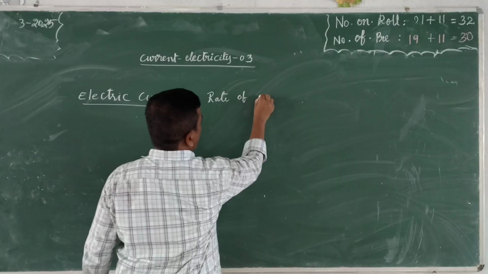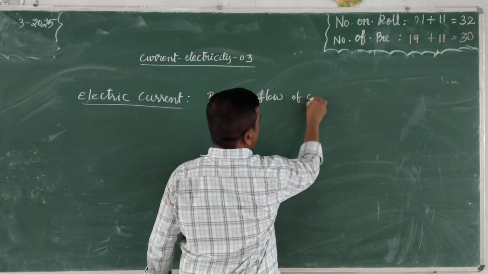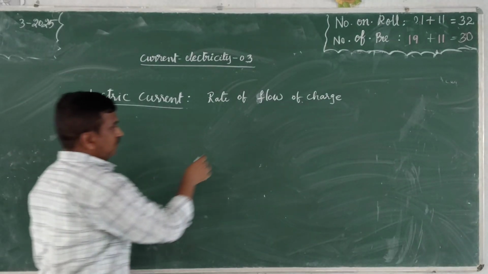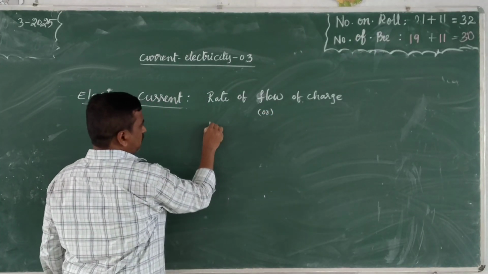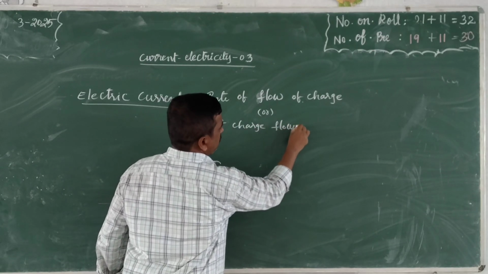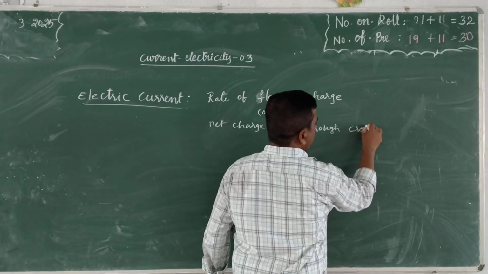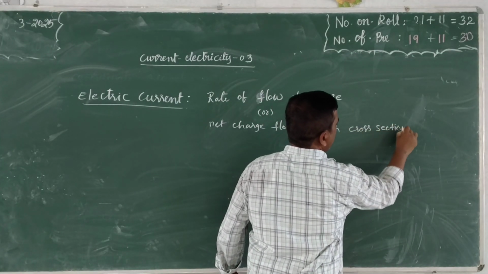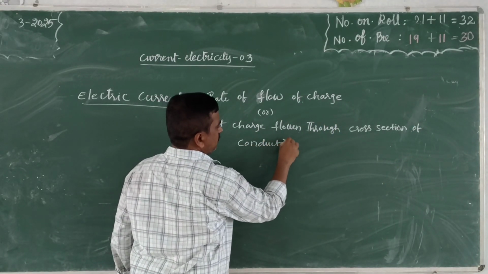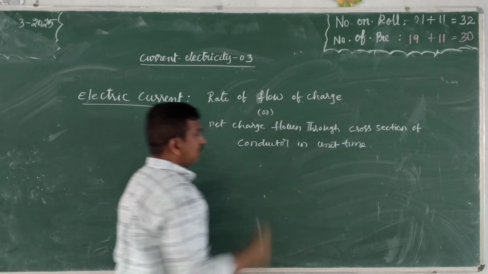Rate of flow of charge, we call it as electric current, or we can write net charge, net charge flown through cross section of conductor in unit time. Unit time, we call it as electric current.